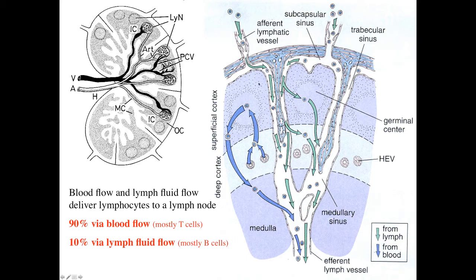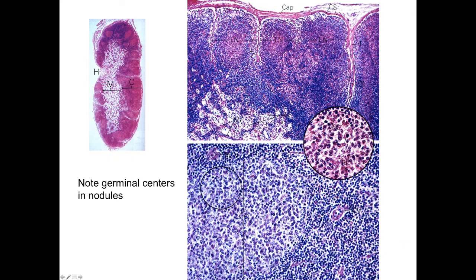Here on the right part of the diagram, the artist is showing the green arrows showing lymph flow through the node, through the afferent vessels, carrying mostly B cells, and then the blue arrows, blood flow coming from these post-capillary venules with the high endothelial cells, and this blood flow carrying mostly T cells.